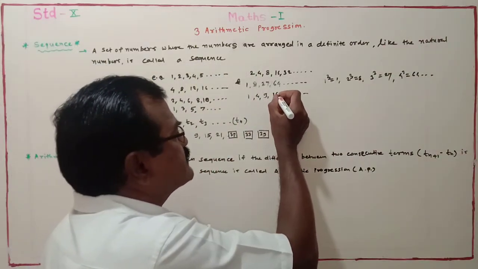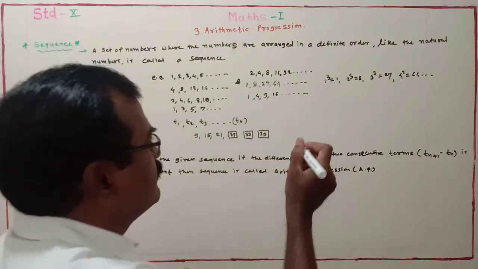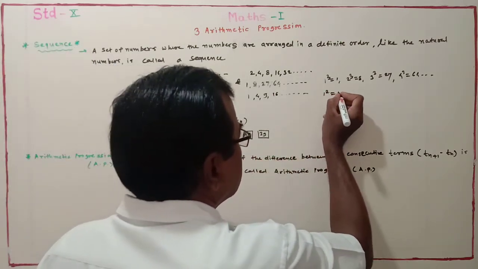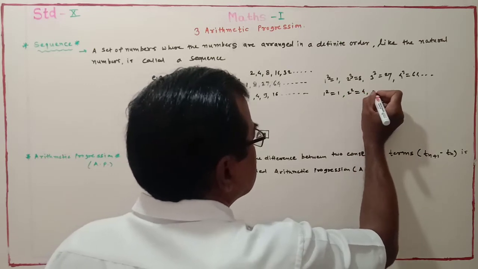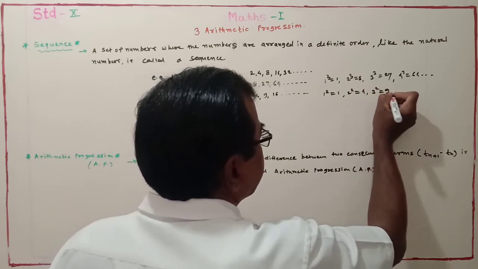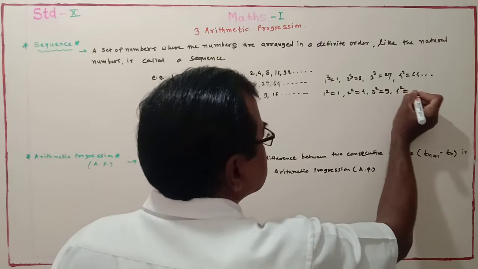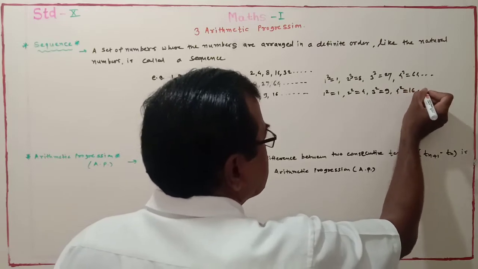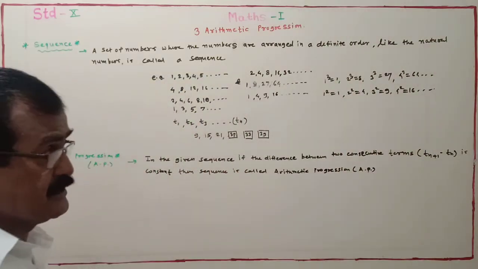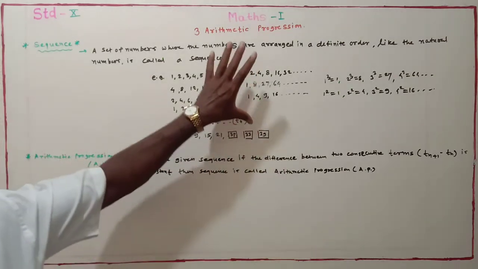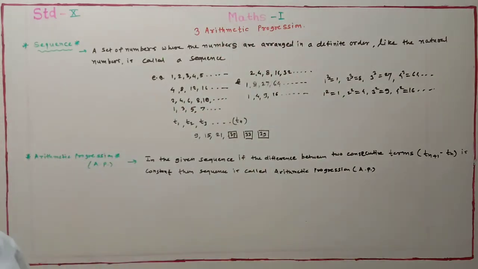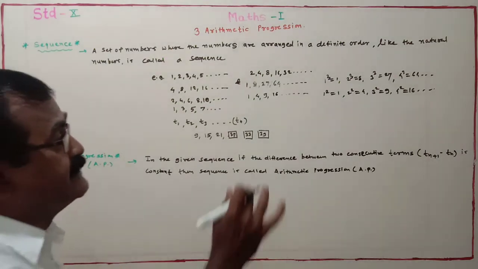In these numbers, these are square numbers. Means 1 square is 1, 2 square is 4, 3 square is 9, the 4th square is 16, and the 5th square is 25. In this sequence there is no definite difference.